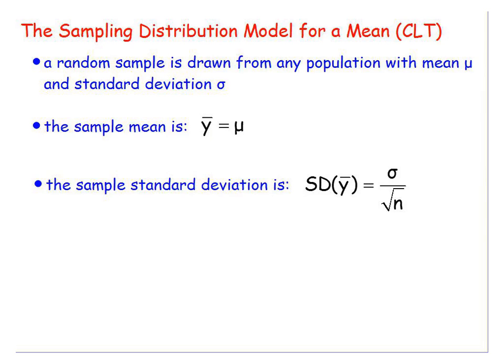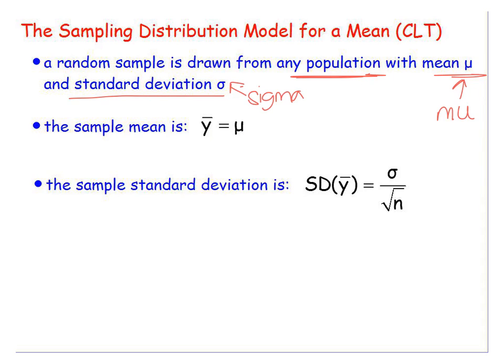The population information has mean, if you remember, mu, that's the Greek letter, with standard deviation, sigma. We learned those way back in chapter 3 or 4. So that's the info for the population.